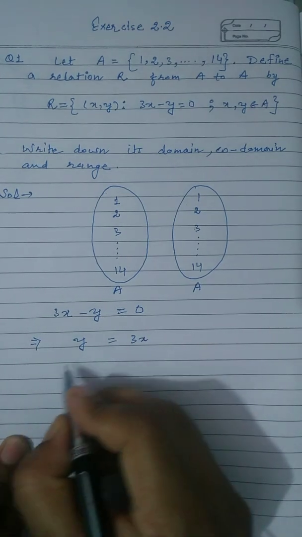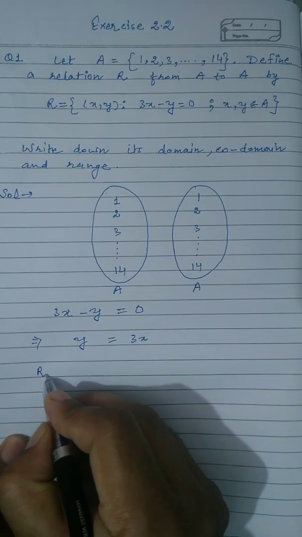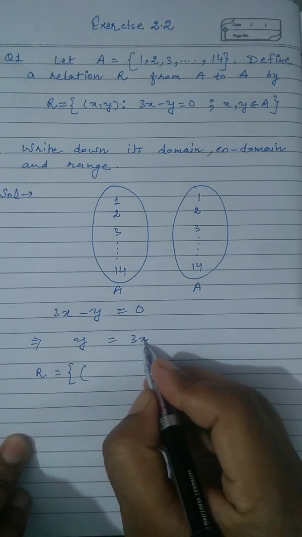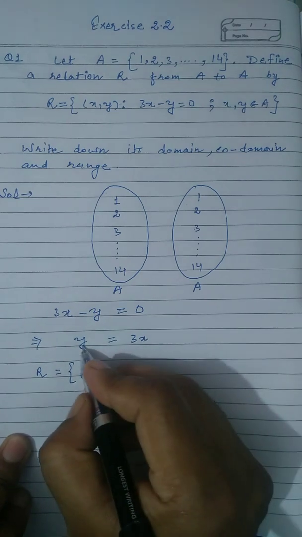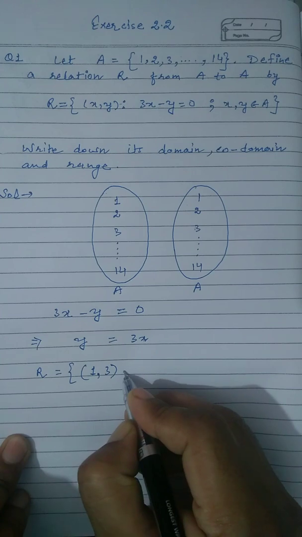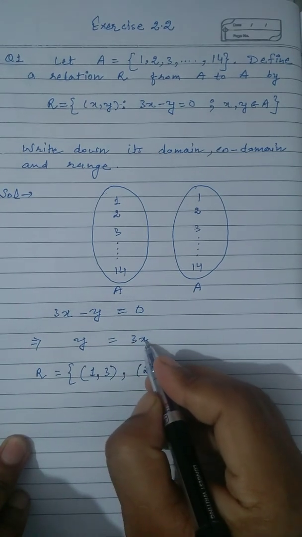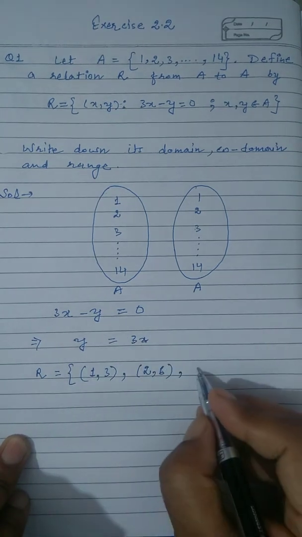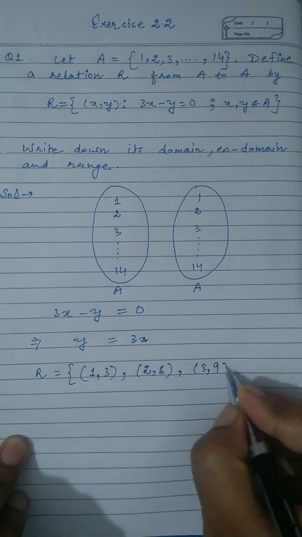So here, the ordered pairs (x, y). What is R? First, taking x = 1, then y = 3 into 1, which is 3. If x = 2, then y = 3 into 2, 6. If x = 3, then y = 3 into 3, 9.